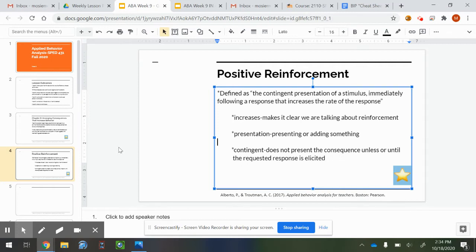So if we give a student a directive to complete their math work and then they will receive 5 minutes of free time on the computer, that reinforcer cannot present itself until the student completes the math work like they've been asked to do. And we have to make sure we're super consistent on that. If not, we will definitely be teaching the student to maintain behavior in adverse ways.